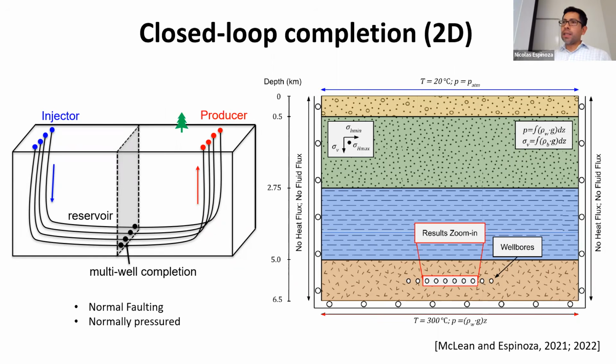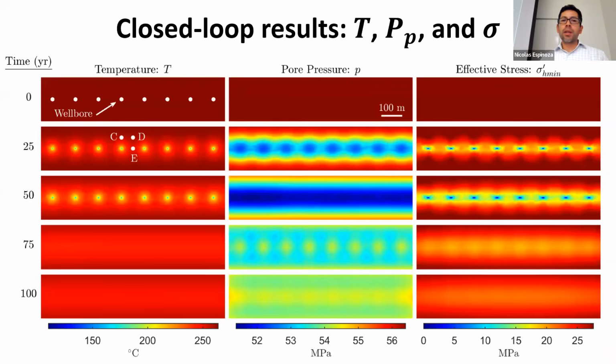Here we model the entire stack, but I'm just going to show the results near the wellbores. And this is the result. So increasing here in time, we go from 0 to 100 years, in which we stop the operation at 50 years. As a result of circulating the working fluid, as you might expect, temperature decreases around the wellbores.